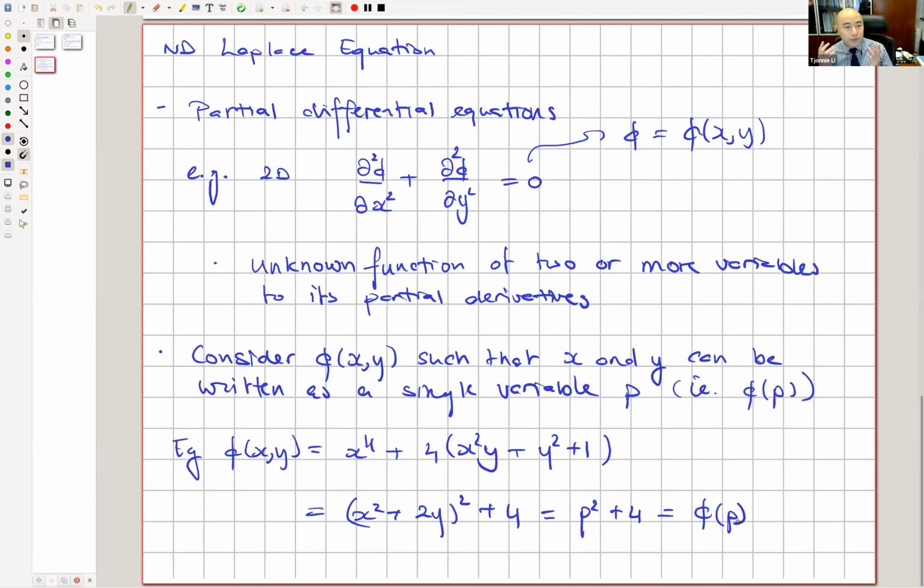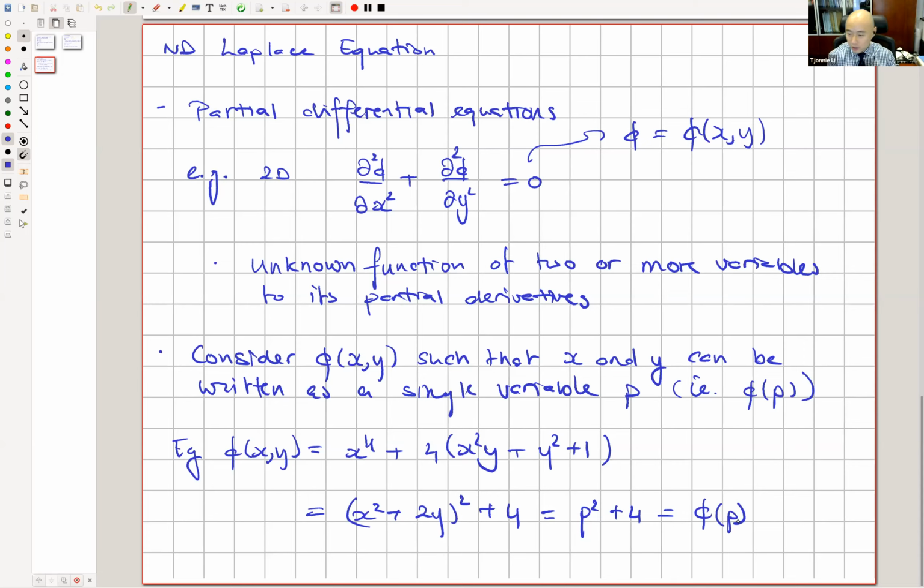Okay. So under certain circumstances, this is possible. And so the question is, can we generalize this? Can we guarantee that this would be possible, or at least under which classes is this possible?